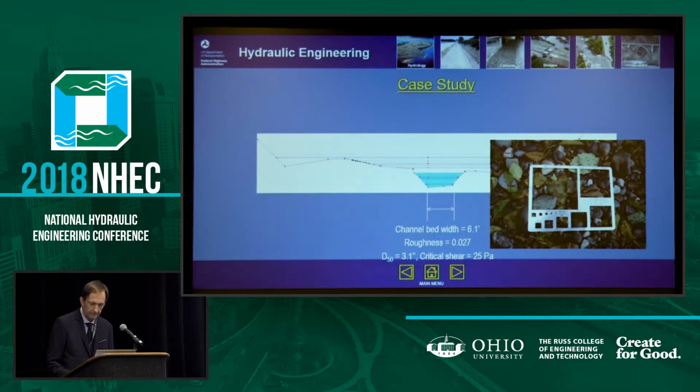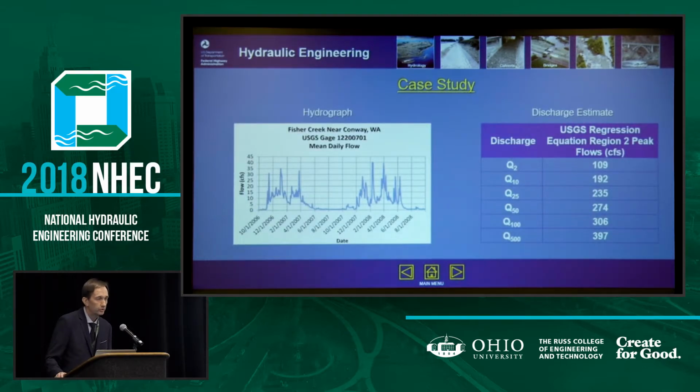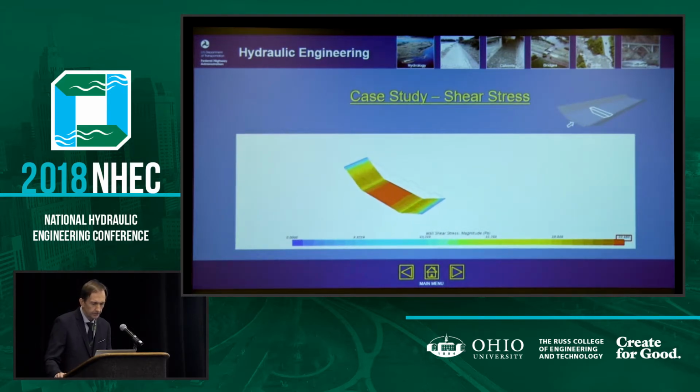We also had some roughness values. And then, more importantly, we also had the hydrograph, so we could actually develop a flow duration curve. And these are the shear stresses we computed in CFD for multiple discharges, as I mentioned earlier.